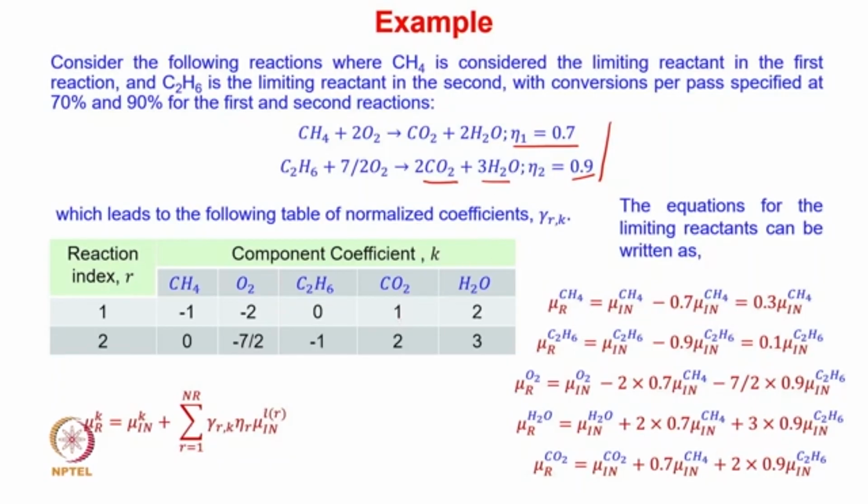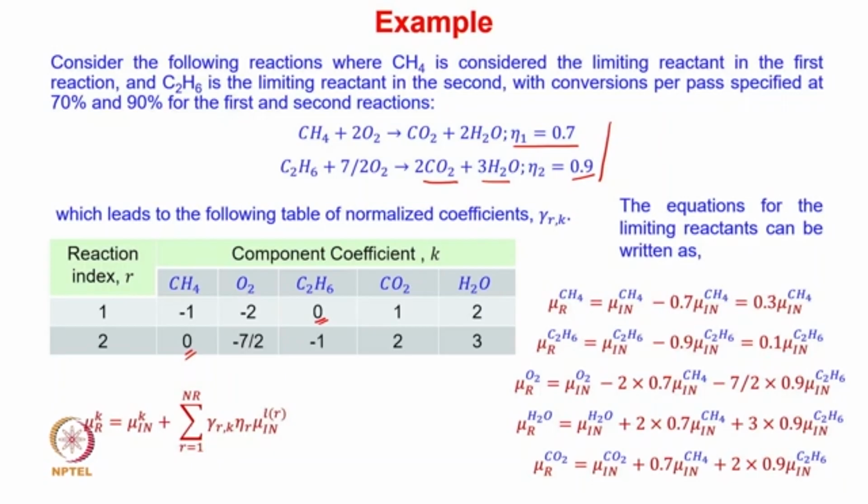H2O is also getting produced, so its stoichiometric coefficient is taken as 2. Again, in the first reaction, C2H6 is not getting produced or consumed, so its stoichiometric coefficient is taken as 0. Now corresponding to the second reaction, there is no CH4 in the second reaction, so its corresponding stoichiometric coefficient is 0.